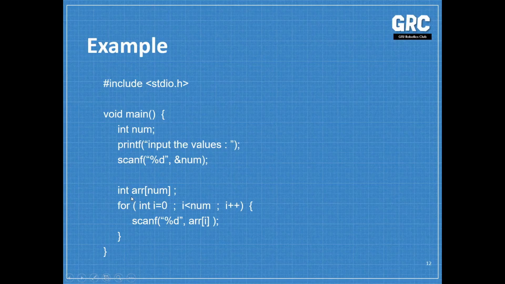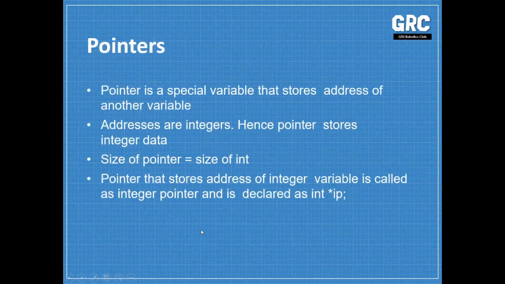From that we derive an array named r, with the length equal to the number the user has input. We run a for loop and read the values from the user. So that was a simple example.